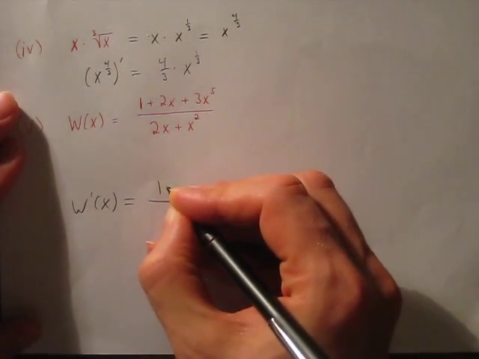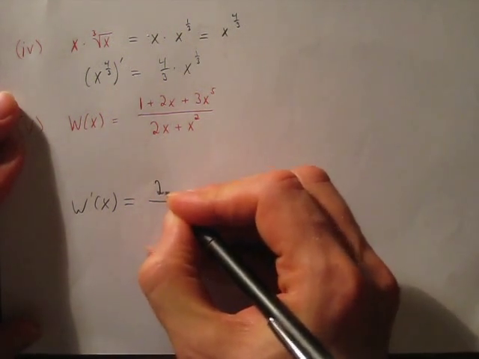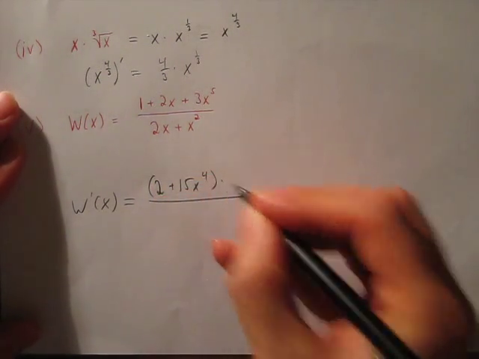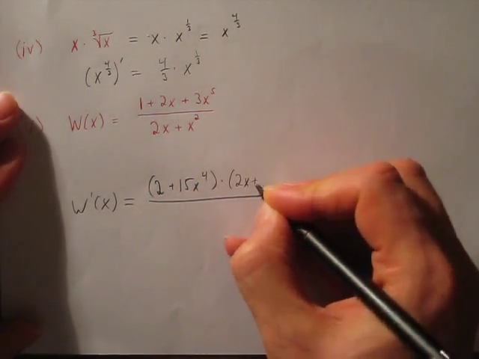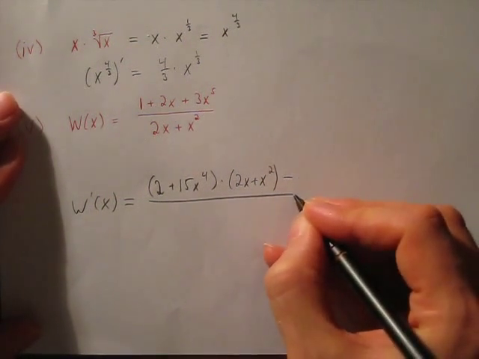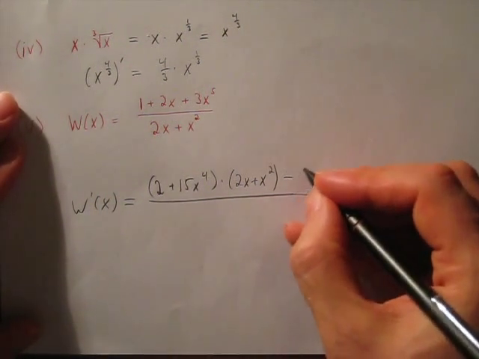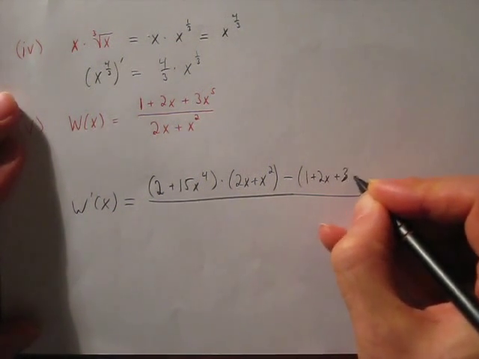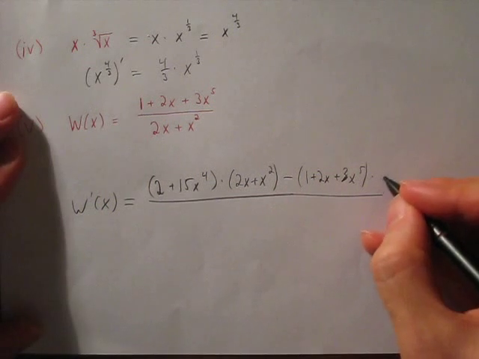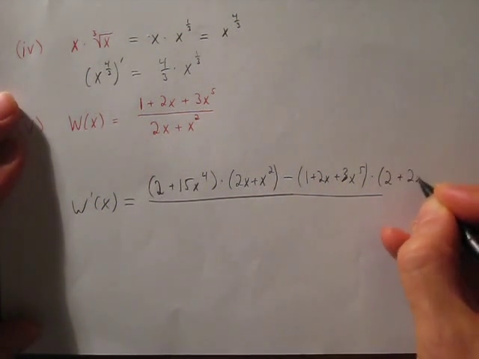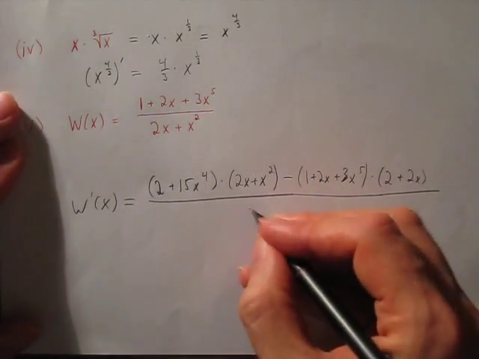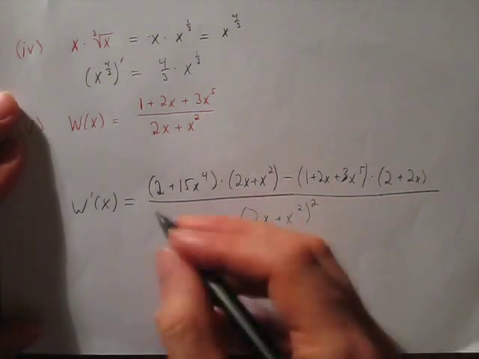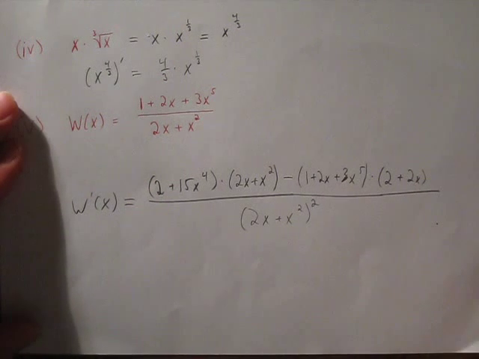So up here you have the top function's derivative, all of it, times the bottom as it stands, minus all of the top, times all. Again, I emphasize that you need to put in the brackets. And we divide everything by the bottom squared.